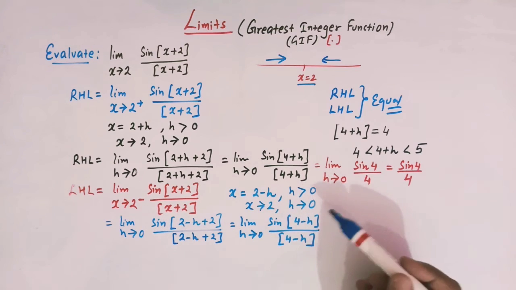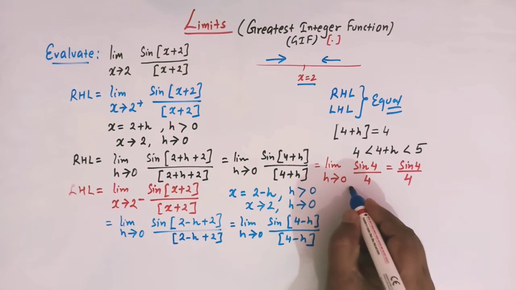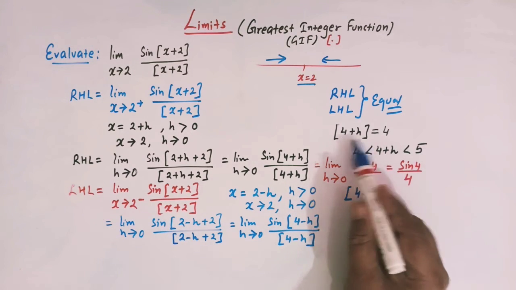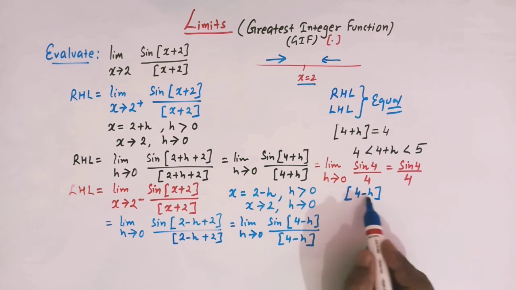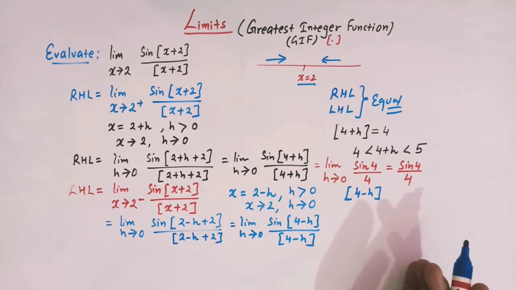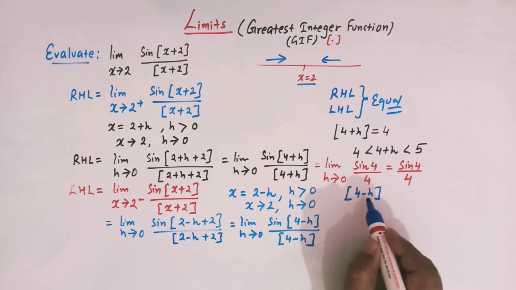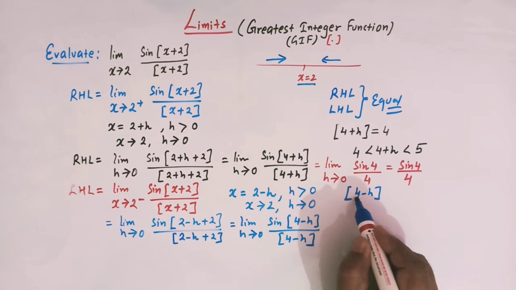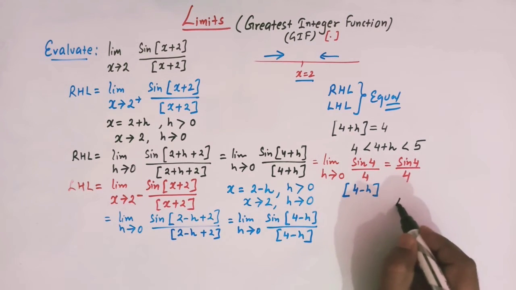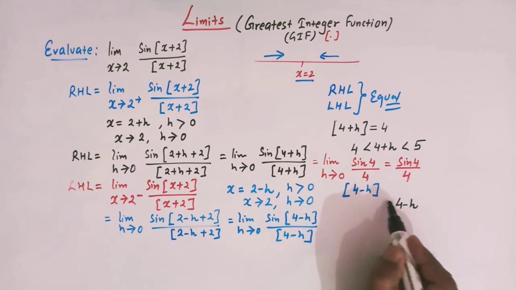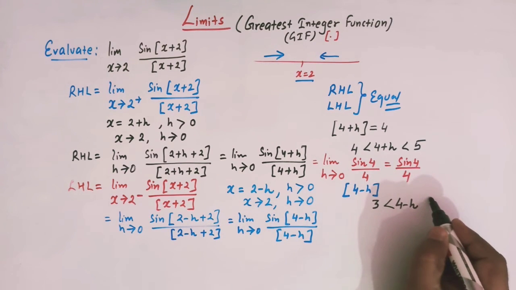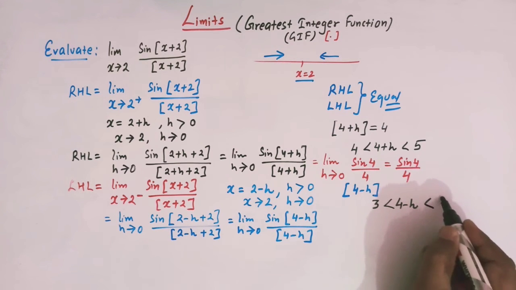Now we can explain the value of the greatest integer of 4 minus h on similar lines. h is a positive and very small quantity, and when h is subtracted from 4, 4 minus h is obviously greater than 3, but slightly less than 4.